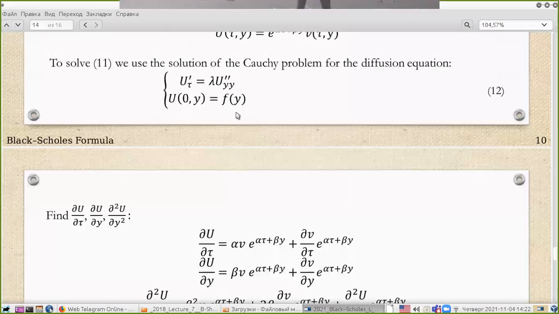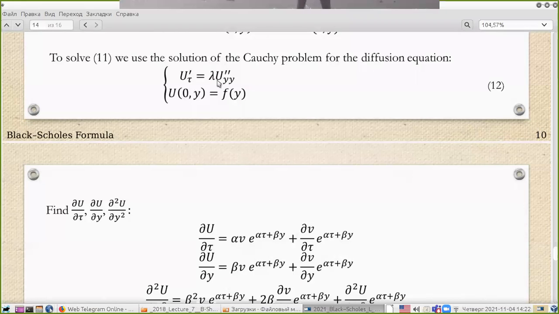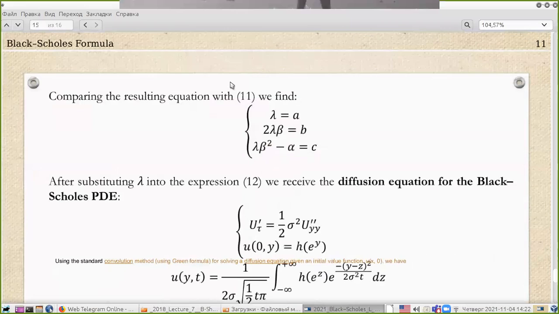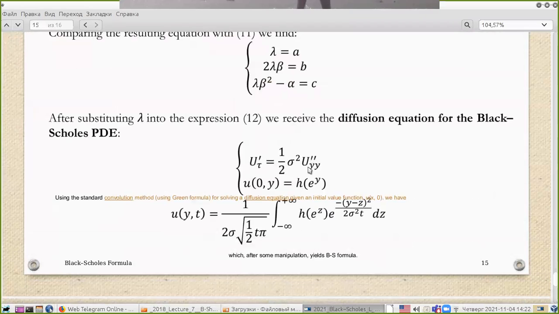It is from 12, from 12, because we found lambda, and so we write this because lambda times r and r times one half sigma squared. But how to solve this equation?